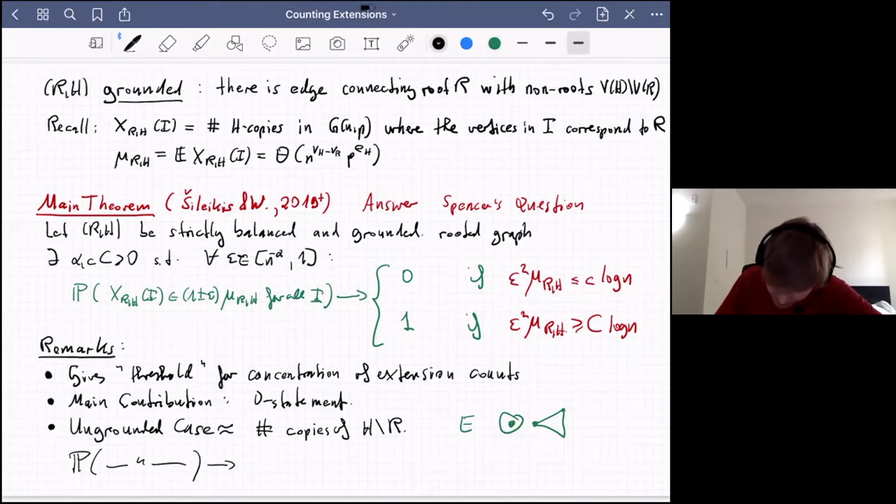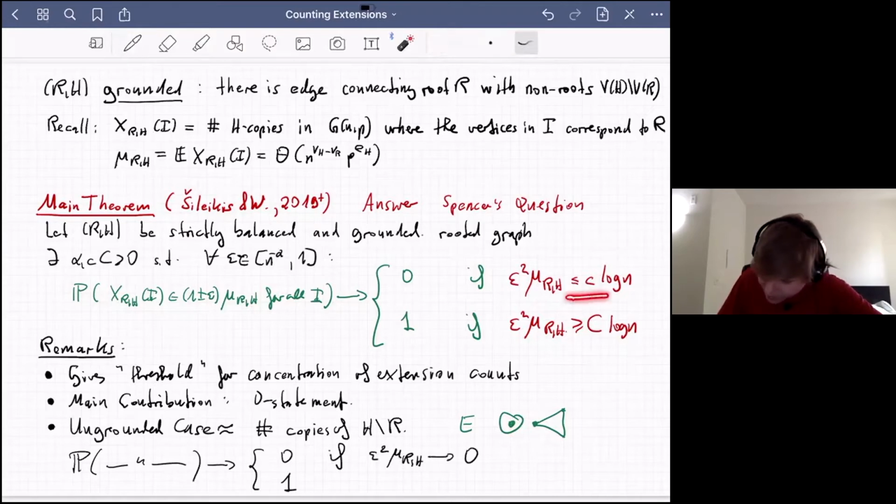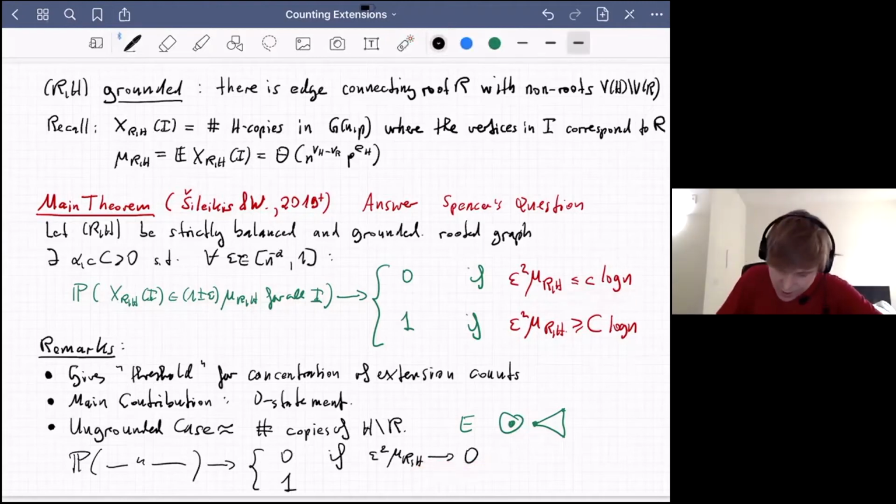Here we get a 0 and a 1 statement under different conditions. Here we need to basically get rid of the log. So we get a 0 statement not if this is less or equal than a constant times log n, but if this tends to 0. And we get the 1 statement if this tends to infinity.